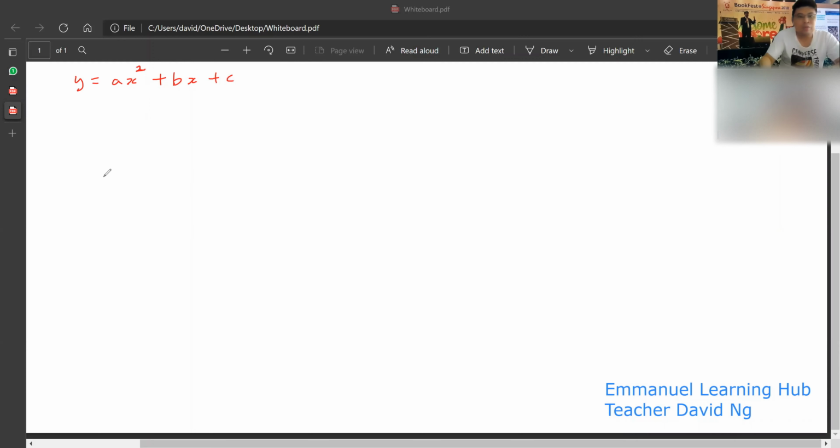Then I believe you have learned the coefficient of x squared, which is your a. If a is less than 0, it implies this part is negative. If a is less than 0, it will be negative something times x squared.